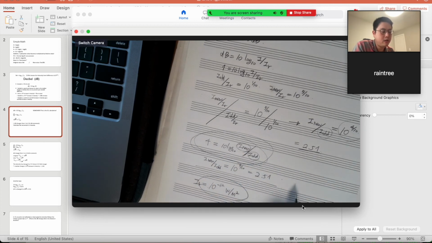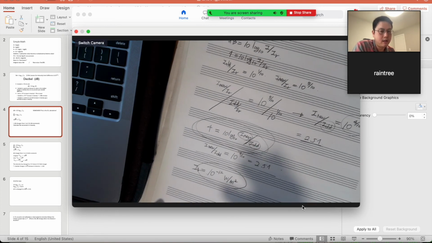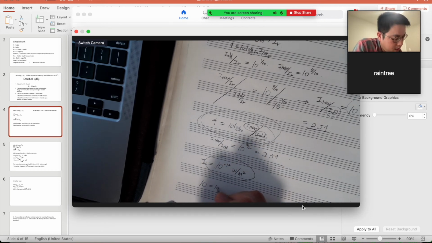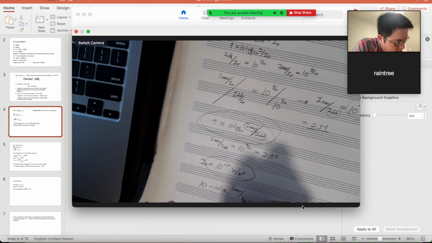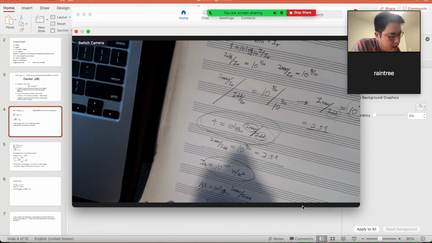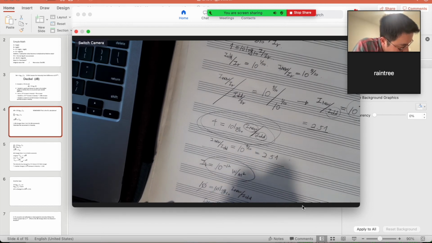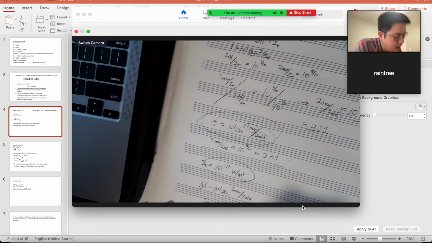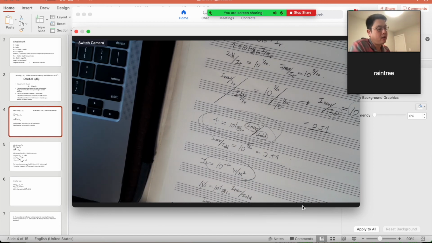If you increase the decibel by 10, then your sound intensity level difference will be 10 log10 of I new over I old, and this means your new sound intensity level is 10 to the 1, 10 times larger than the old sound intensity level.